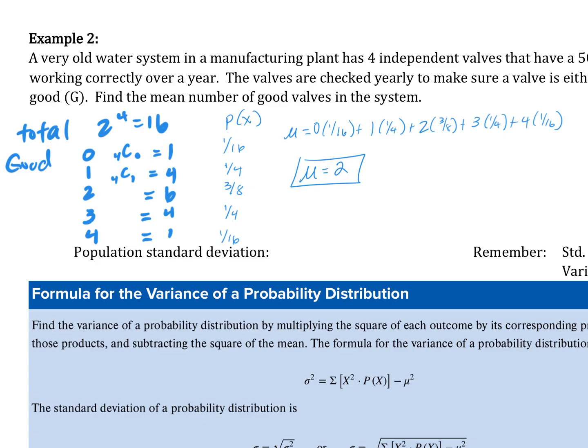Okay? If you can't do mean, you're not going to be able to do standard deviation and variance because they're using the mean. Remember, we'll talk about it more later, but just a reminder of your population standard deviation formula.